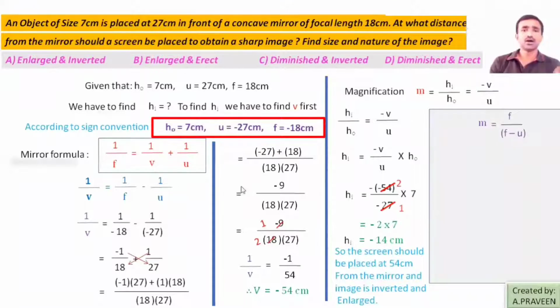So look at that. According to sign convention, the object height is 7 centimeters and the object distance U is minus 27 centimeters, and the focal length of the concave mirror is negative, minus 18 centimeters.